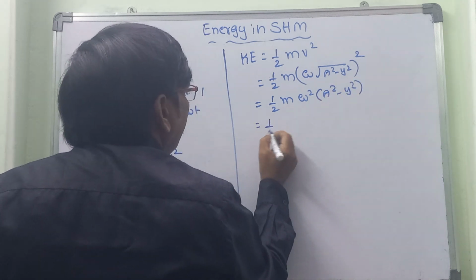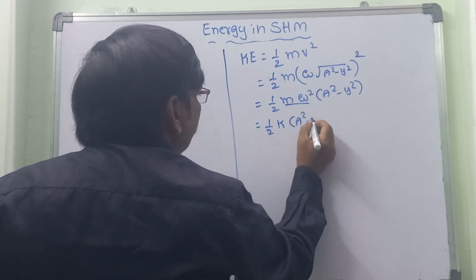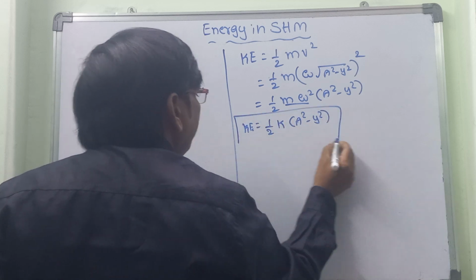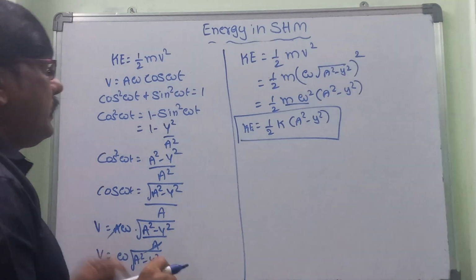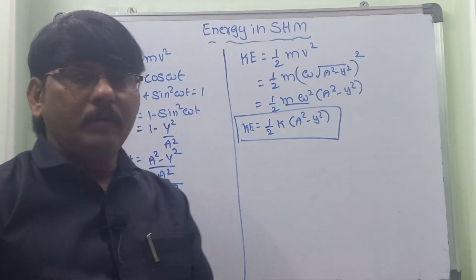This can be considered as half k into a square minus y square. This is the kinetic energy expression, very popular. So KE is equal to half k into a square minus y square.